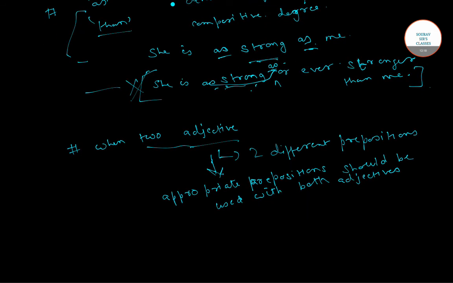For example, he is senior and older than me. This statement is wrong because senior requires preposition to and not than.